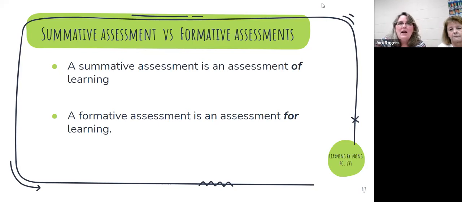This is never a time to critique teaching or to point out teachers. It's never a reflection on the teacher. We're always just looking at what our kids are learning. So we have to think about that when we're talking about our assessments.